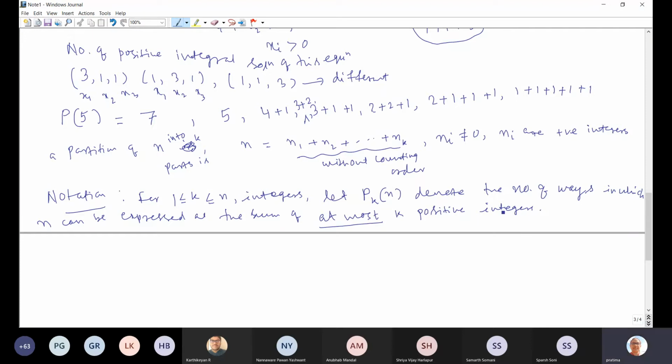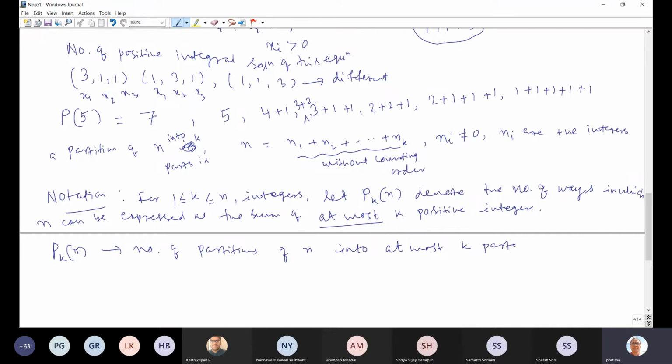So Pkn is the number of partitions of n into k or fewer parts, that is, into at most k parts.